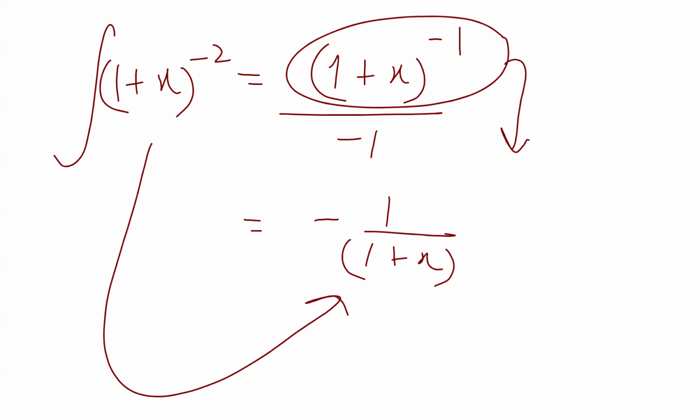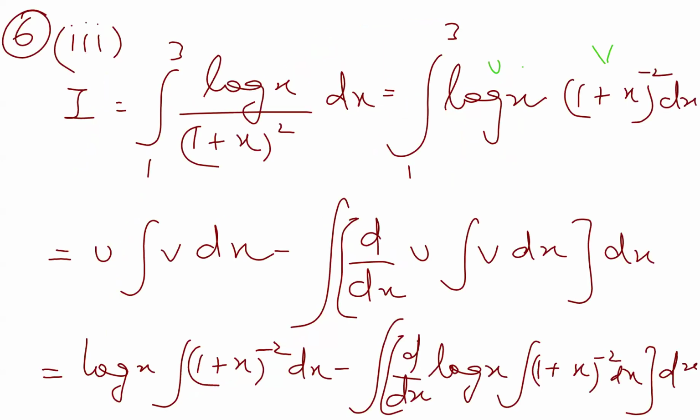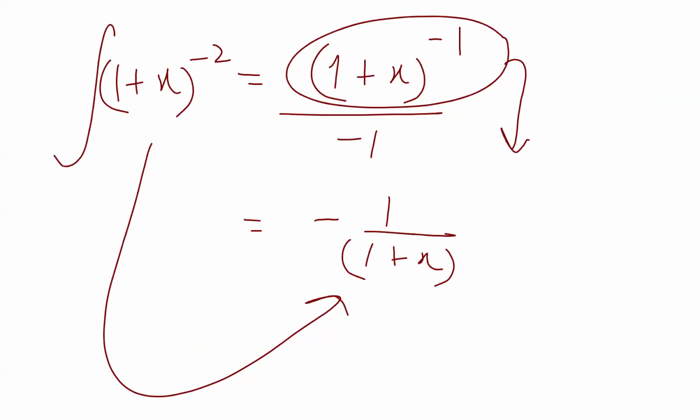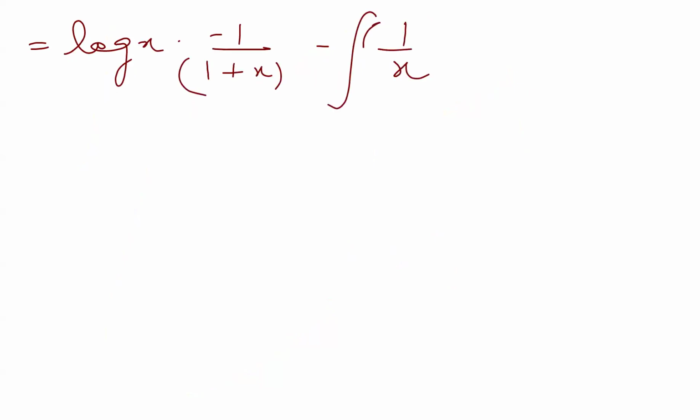So now what I'm going to do is log x into minus 1 upon 1 plus x, minus d by dx of log x, which is 1 upon x, and this is minus 1 upon 1 plus x dx.